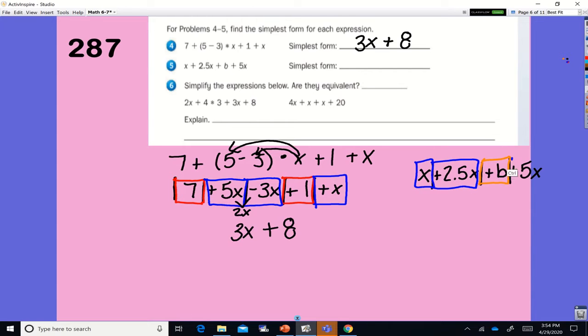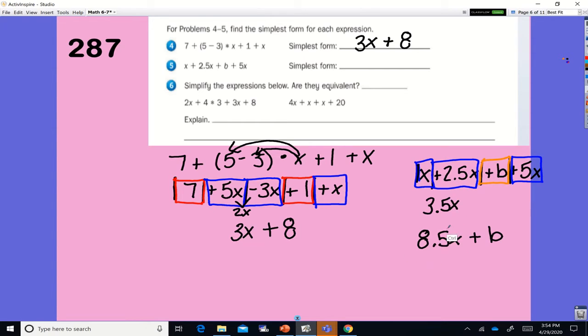So I always bring the sign in front of it with it. So 1x, remember this really has a 1 right here. We don't draw that, but it really has a 1 there. 1x plus 2.5x gives us 3.5x. But then we have to add 5 more to that. Well, 5 more to this is 8.5x plus b, and these two.